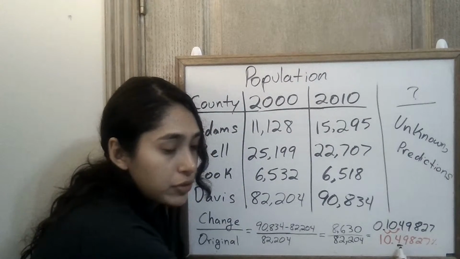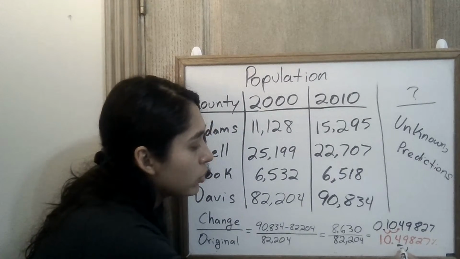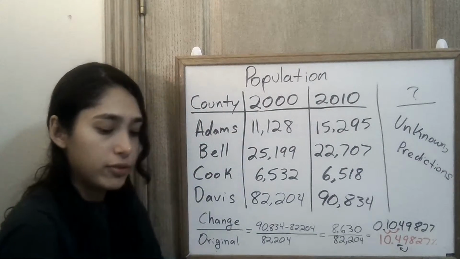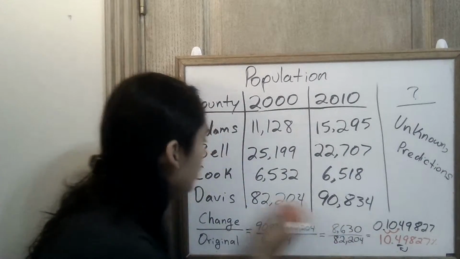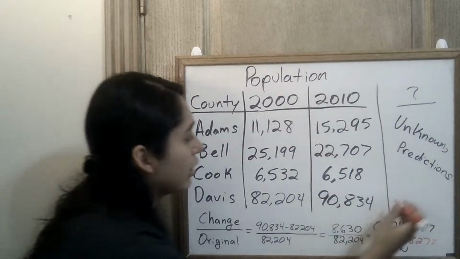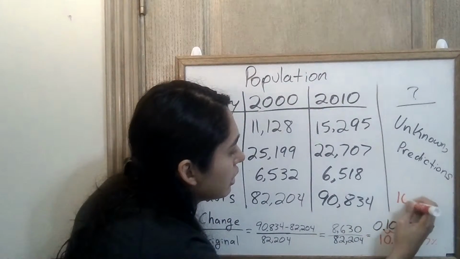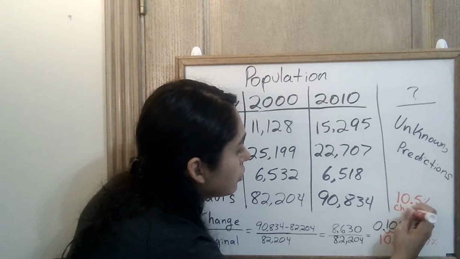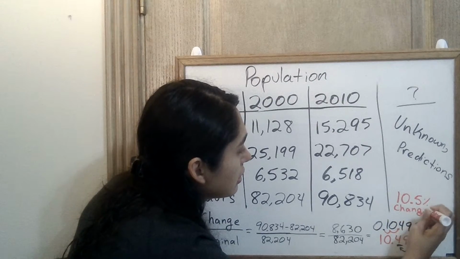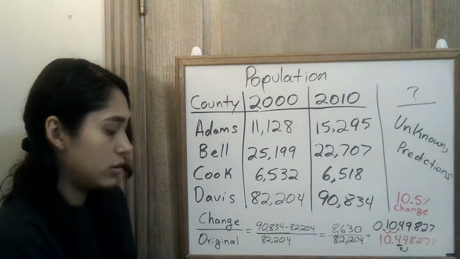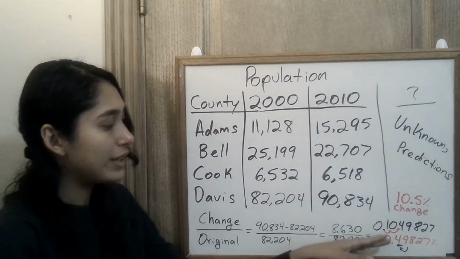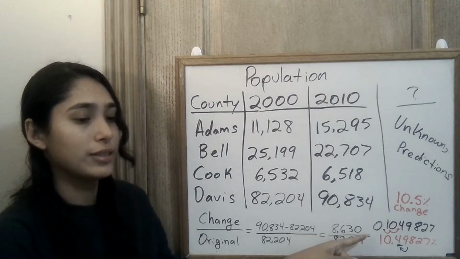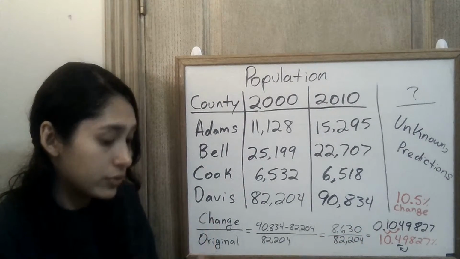Like I want to care up to this place. This 9 will go ahead and round this 4 up into a 5. So actually the change in Davis County was 10.5% change. Much nicer than seeing this value as a rate of change.